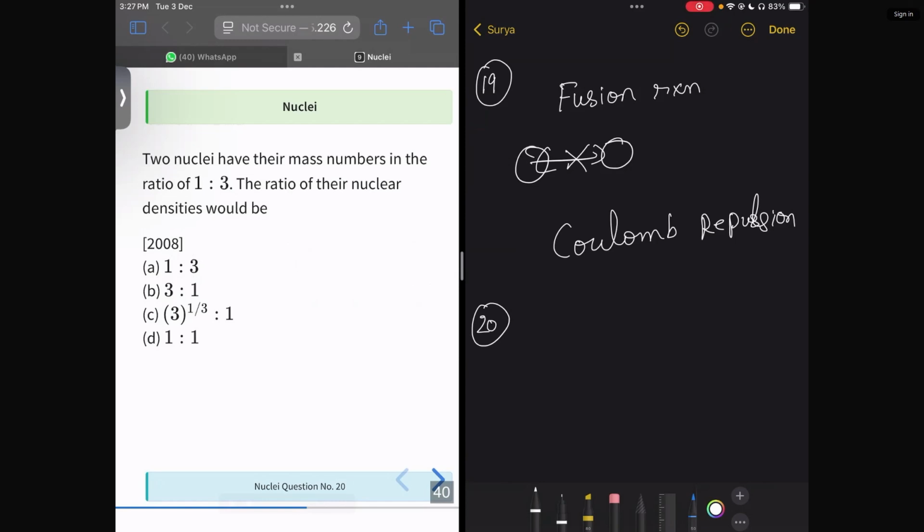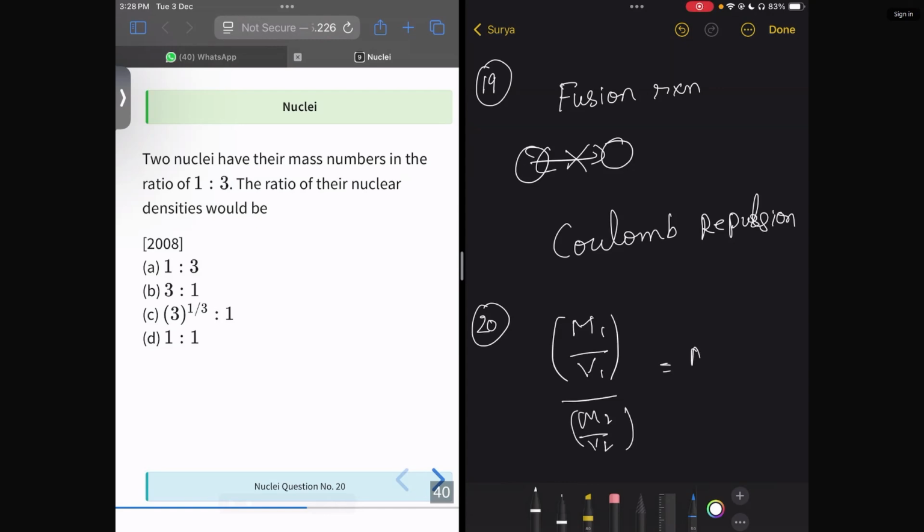So two nuclei have mass numbers in the ratio 1:3, and they are asking the density ratio. Because we have already shown that density is a 1:1 ratio, again we will do it. Suppose there are two nuclei, the first with mass M1 and volume V1, the second with M2 and V2.